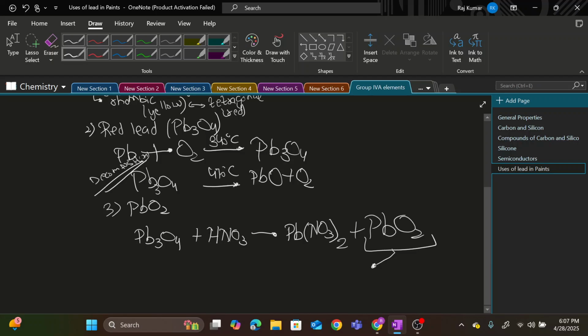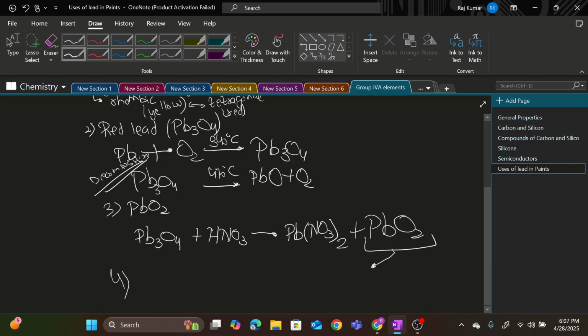It can be used for various purposes: as a pigment, in ceramics, and in the manufacture of lead batteries. So it has a lot of purposes as well.